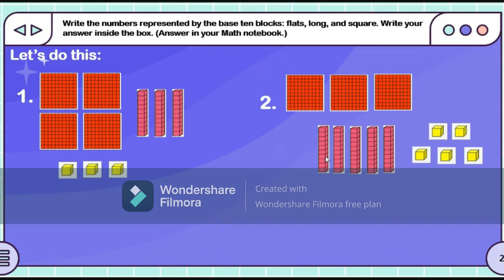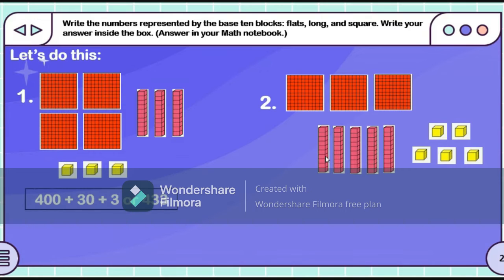So, write the numbers represented by the base 10 blocks. Flats, long, and square. So, write your answer inside the box. Okay? So, let's do this. Okay, number 1. Very good.